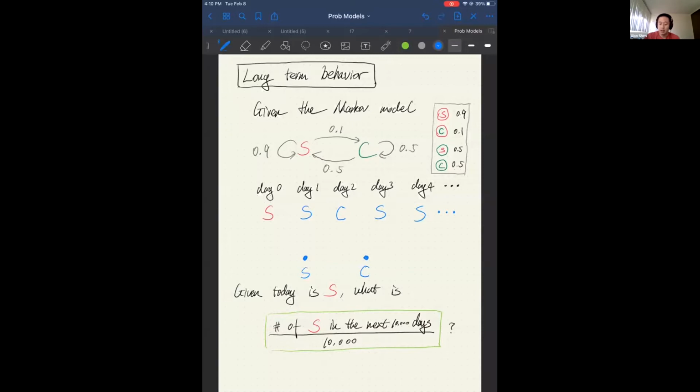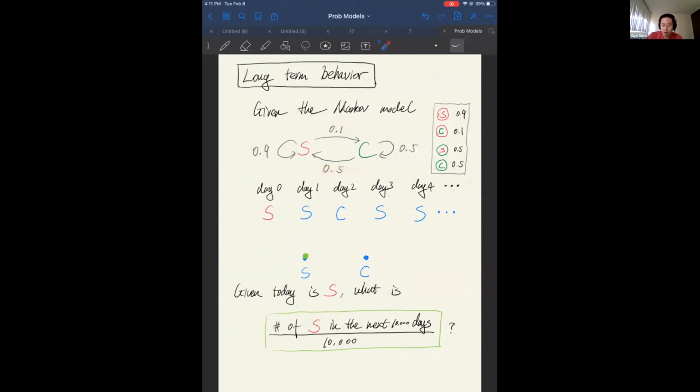And what we have here is a particle. I'm going to write it in green. Let's say we have a green particle, and at time 0 it's at the state S. What happens here is that the particle will try to make a jump at each time, each day. The way the particle jumps is described by this diagram here.